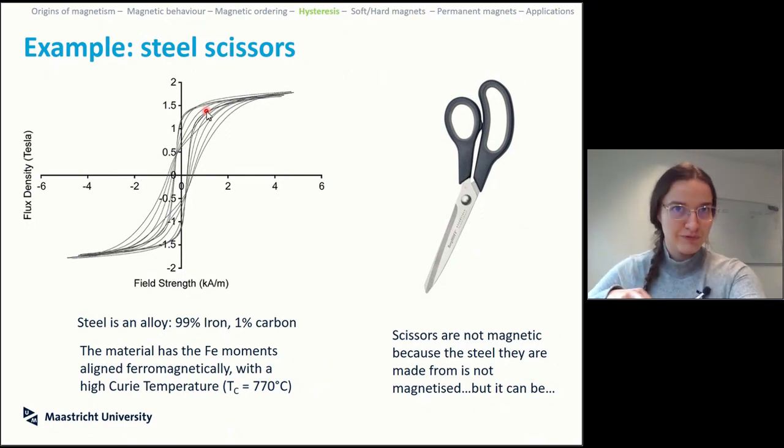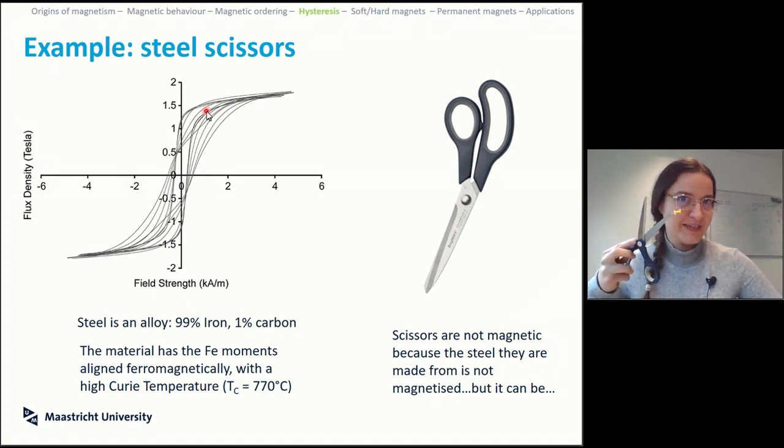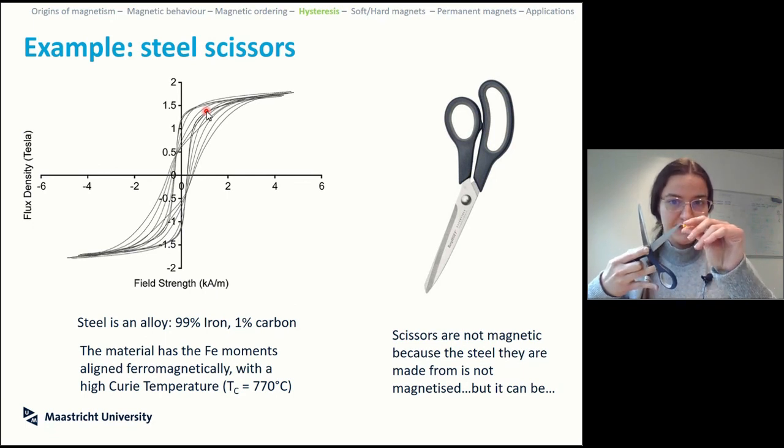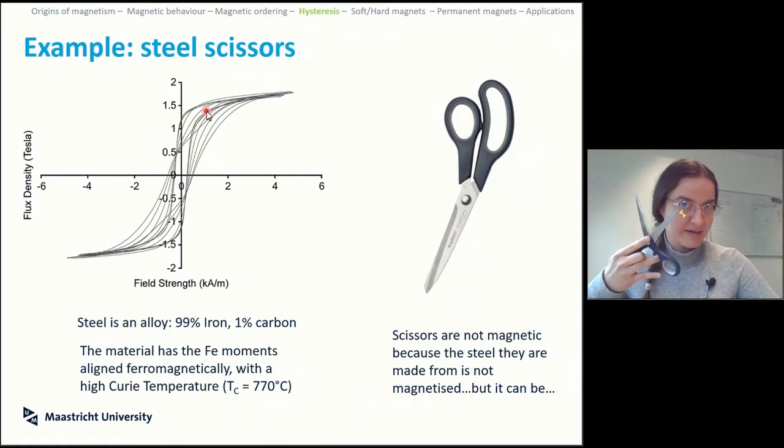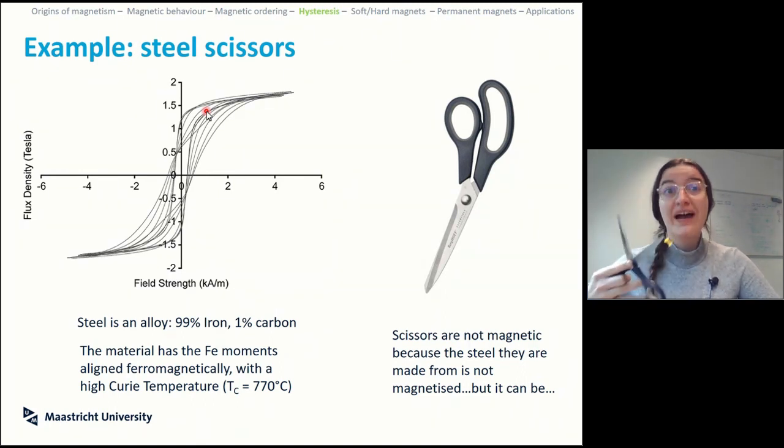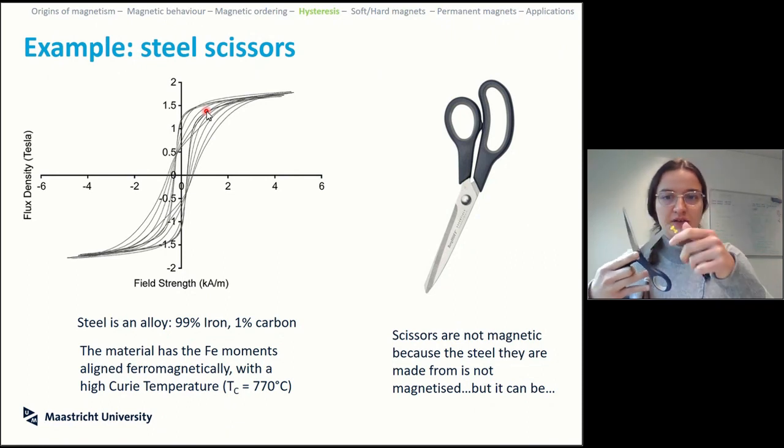So this is the proof of the hysteresis behavior. These scissors, now that I magnetized the tip of them, will never go back to a zero magnetization point unless I give them an incredible amount of time, or I heat them above the Curie temperature.